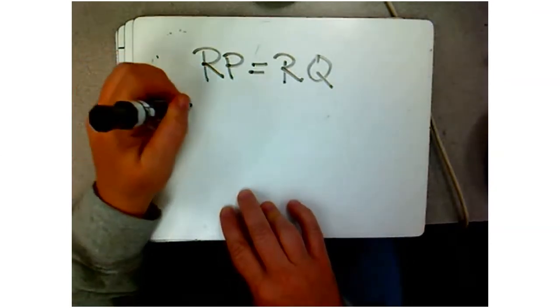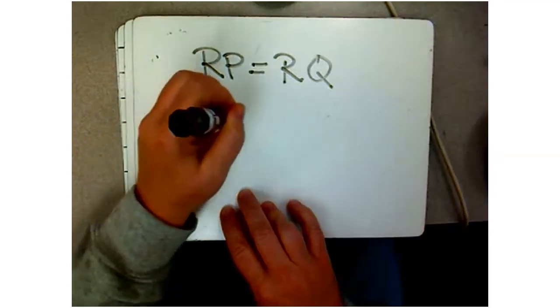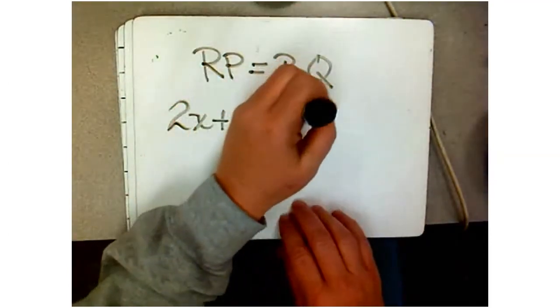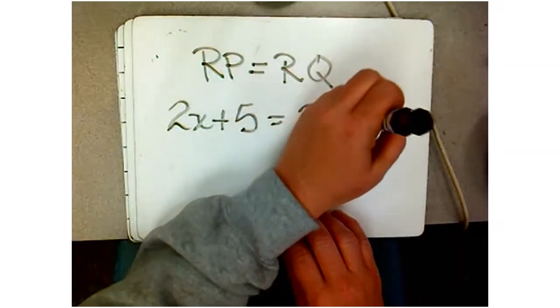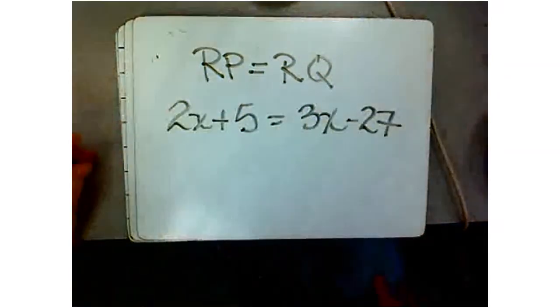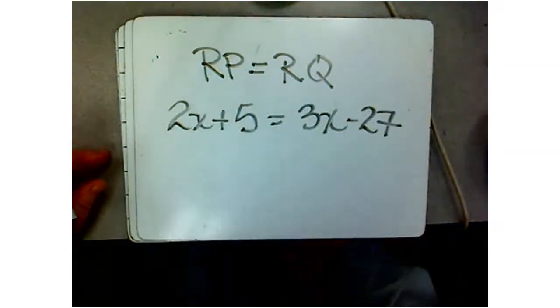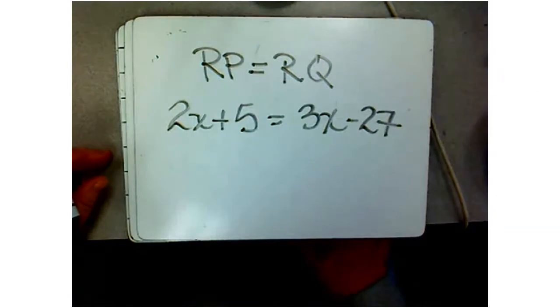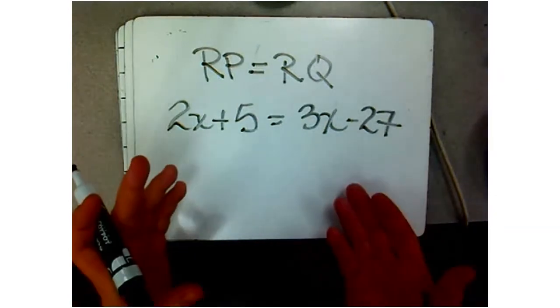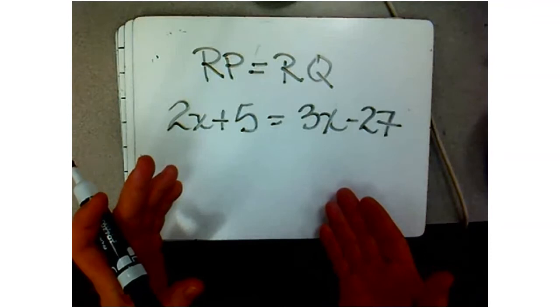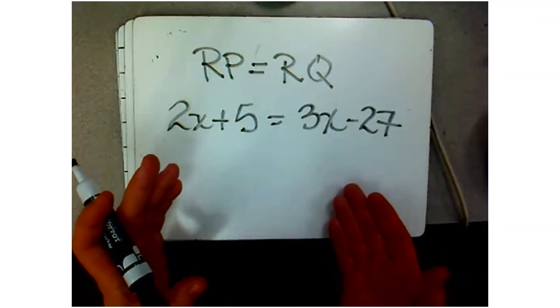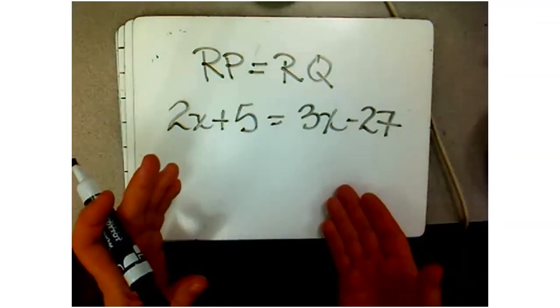All right. 2x plus 5 equals 3x minus 27. So I'm writing that down on my whiteboard. 2x plus 5 equals 3x minus 27. So this is a basic, multi-step, single variable algebra problem you've been doing all year, right?